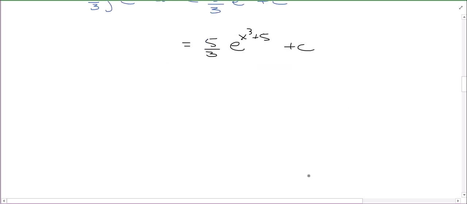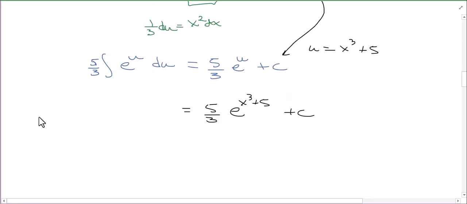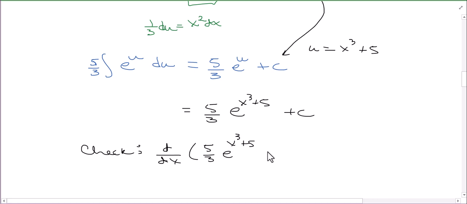And how do you check it? Take the derivative with respect to x of your answer, 5/3 e to the x cubed plus 5 plus c. When you take the derivative of this, I'm going to have 5/3. The derivative of e to the stuff is e to the stuff, so I get e to the x cubed plus 5, and then by the chain rule times the derivative of the stuff, times 3x squared, and the derivative of plus c is 0.